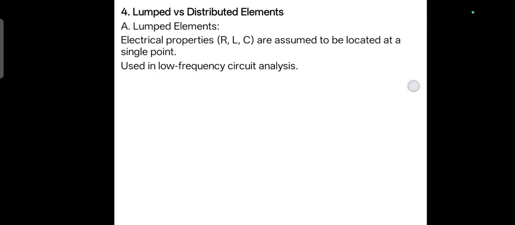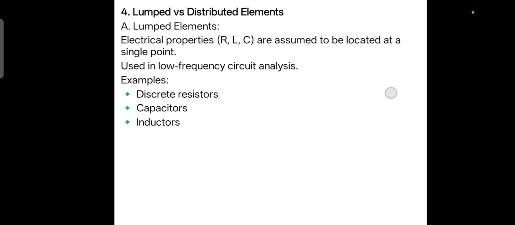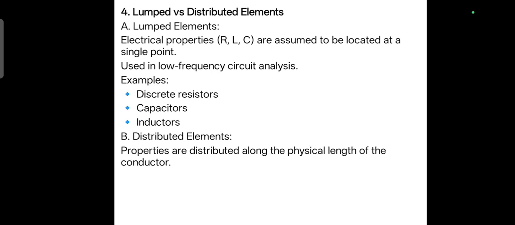It is used in low frequency circuit analysis. Examples are resistors, capacitors and inductors. These are examples of lumped elements. And lastly, distributed elements: the properties are distributed along the physical length of the conductor.